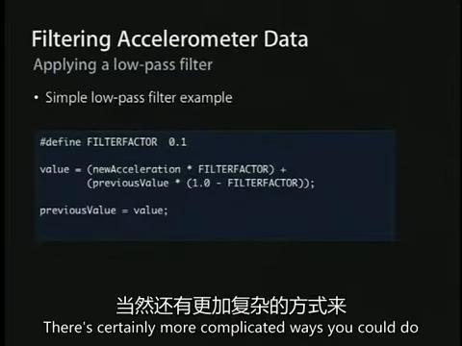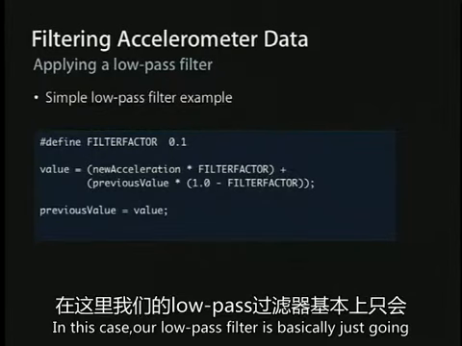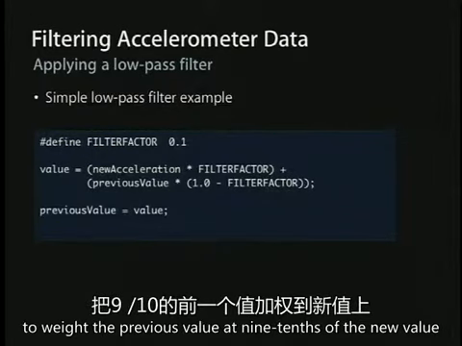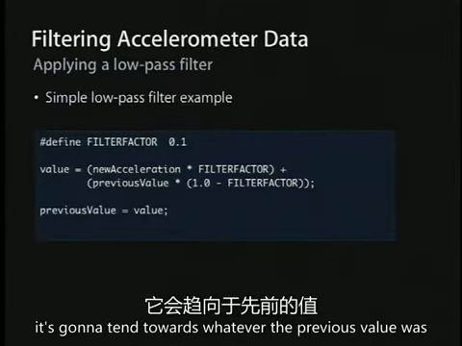There are certainly more complicated ways you could do this kind of thing. This is a super simple example. In this case, our low-pass filter is basically just going to weight the previous value at 9/10 of the new value. So as the value is changing over time, it's going to tend towards whatever the previous value was.